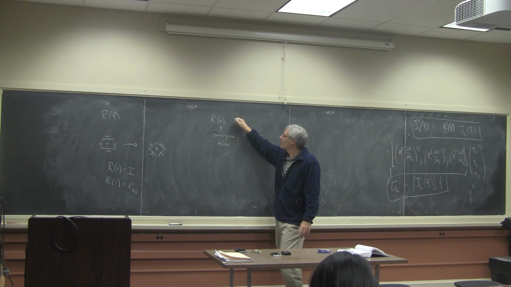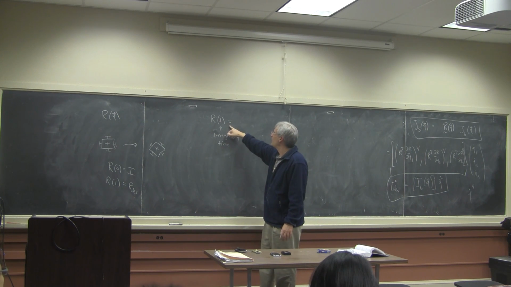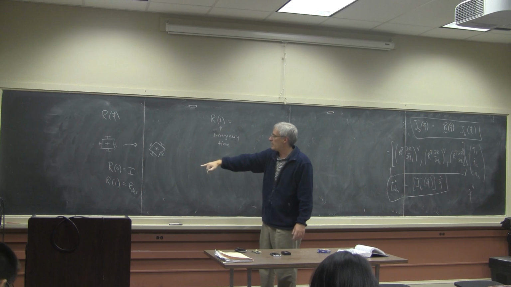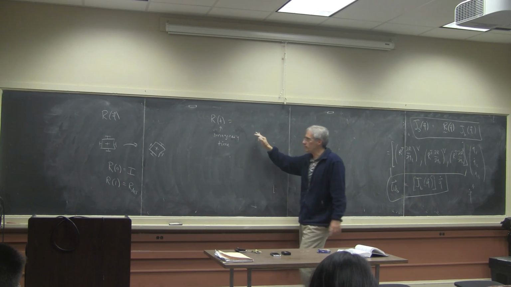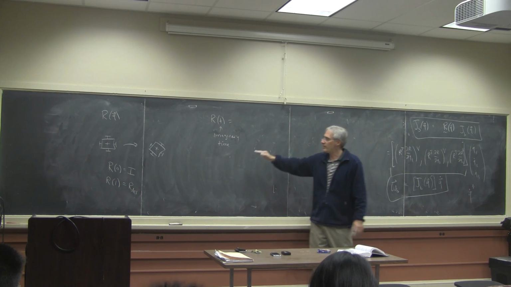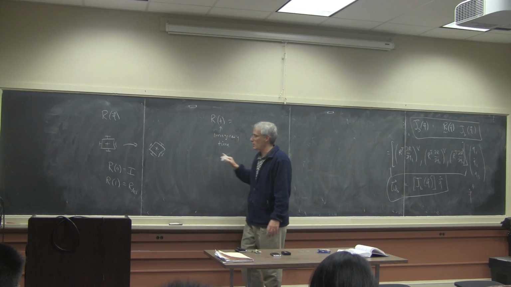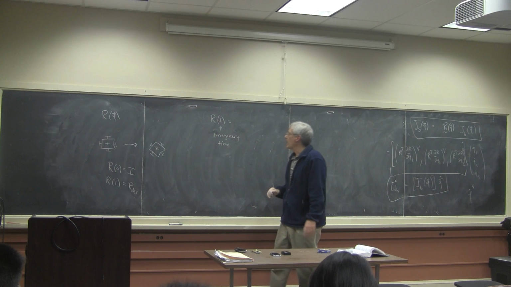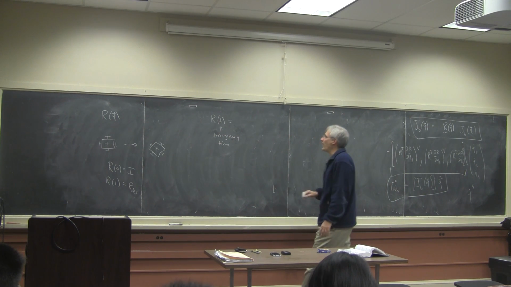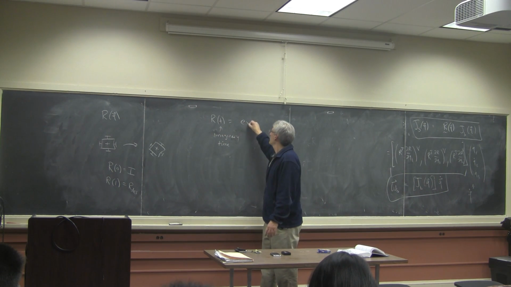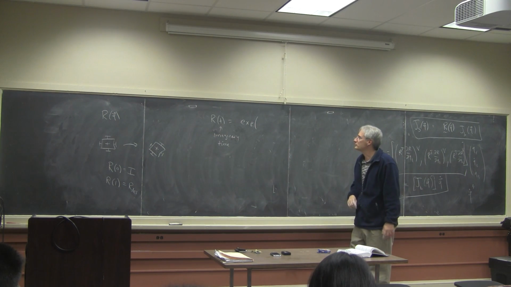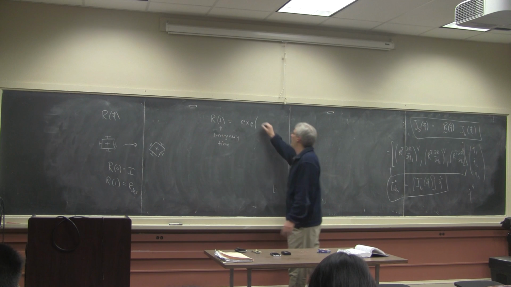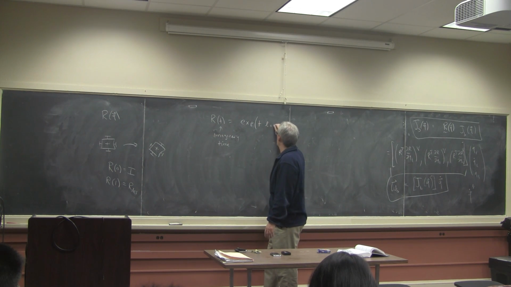So we have R of t, which starts at I, and we're going to construct a path in the space of rotations that terminates at the desired rotation when t is equal to 1. And there's a way to do that using the exponential that we talked about. We can write it like this.